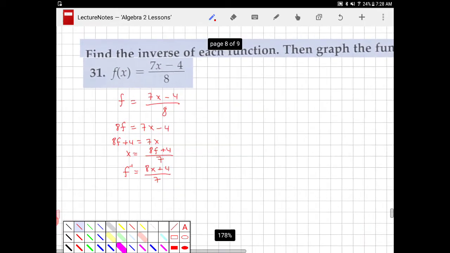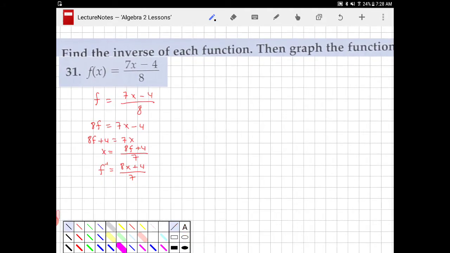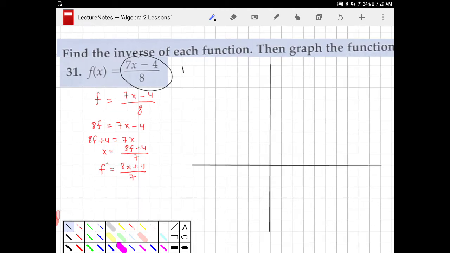Okay, so now that I have this, I'm going to graph the two of them together. And this is rather complicated to graph, I'll be honest with you. So this original equation, just by looking at this, I can tell that the slope is 7/8.